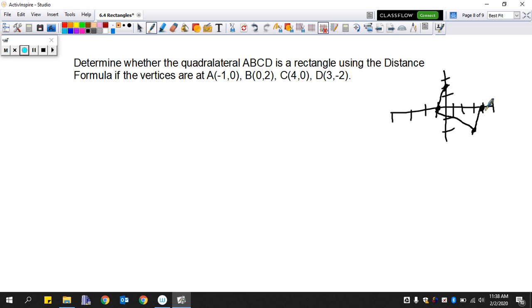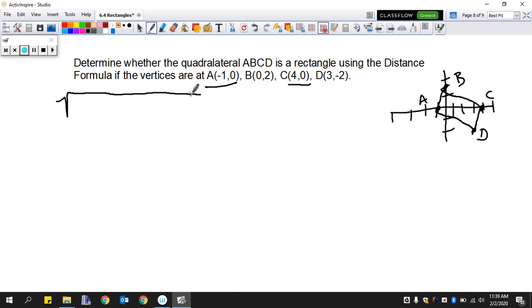So this is vertex A, B, C, and D. So we're talking about AC and BD. So when we do that, I'm going to subtract the two x values.